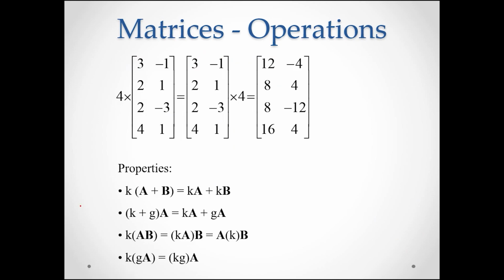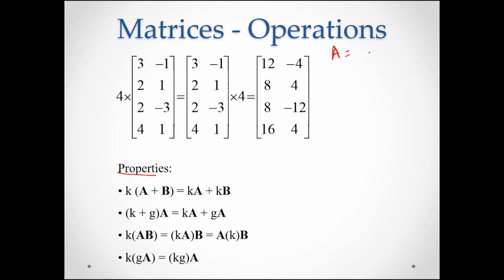The properties are quite easy. If I have A and B as two separate matrices, and if I multiply the sum with the scalar, that means we are also having the individual multiplication with both. So let's take a simple example.